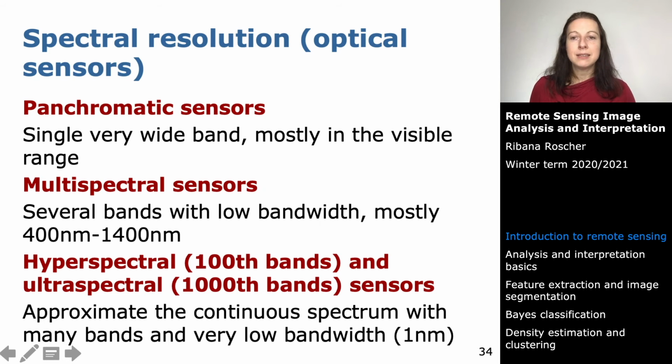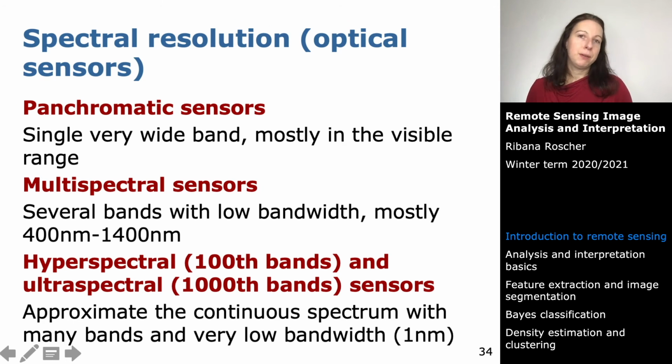When we talk about multispectral sensors, the sensor is able to capture information from several bands with a low bandwidth, mostly in the range between 400 nanometers to 1400 nanometers, which is the range of the visible light, and a little bit more in the near infrared and also the short infrared range.